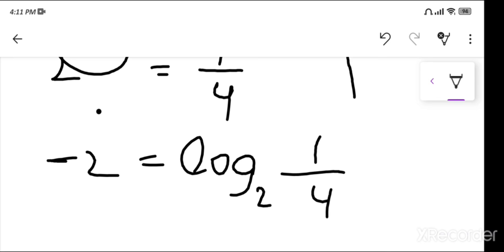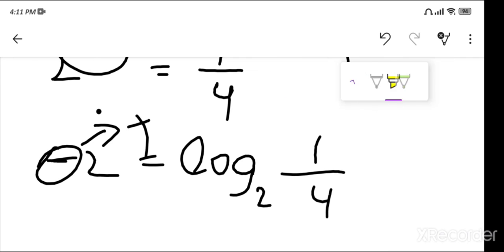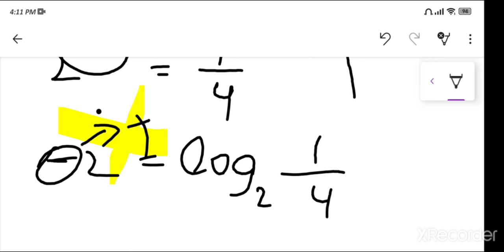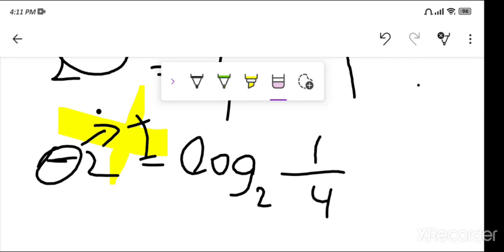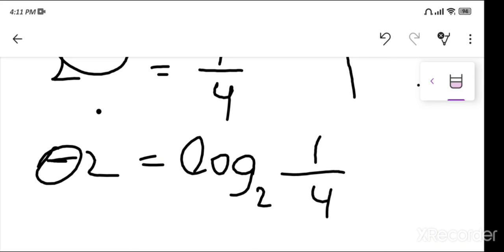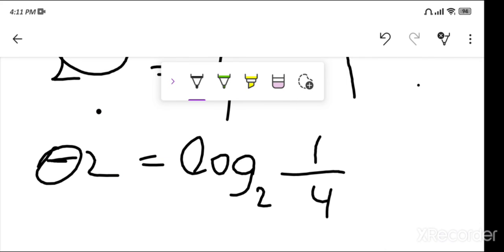Minus 2 is equal to log 1 by 4 to the base 2. That's it. You need not convert the negative sign into a positive sign.